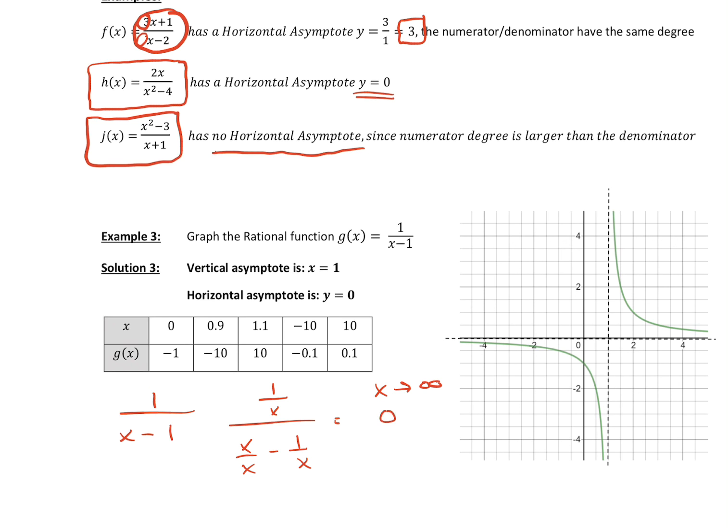So this would become 0 over 1 minus 0, which is 0 over 1, which is 0. That's how you get your horizontal asymptote, right? And that's from this. The degree is bigger on the bottom than it is on the top, so the horizontal asymptote is at 0. And we have a vertical asymptote at 1.